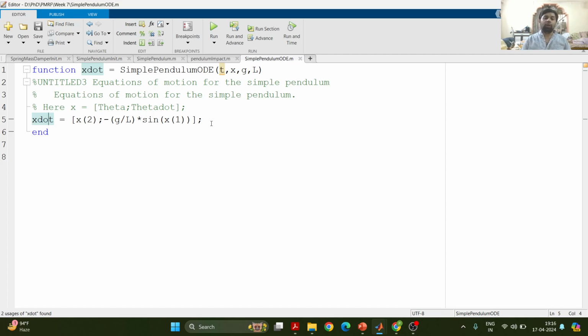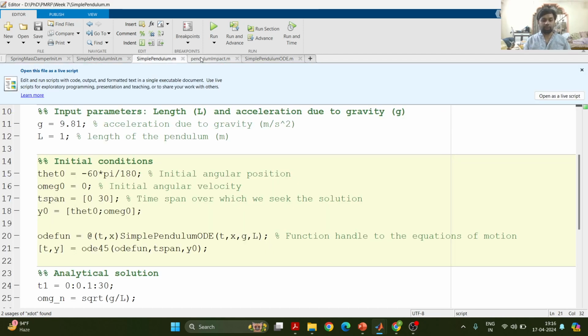To avoid that, we can pass them as additional parameters to this function. Then we can have a top level script where we define the parameters, and if we want to change the length of the pendulum, we can just change it there. It will automatically reflect in the function as well.